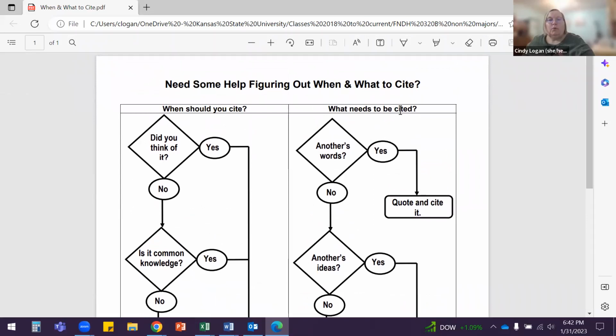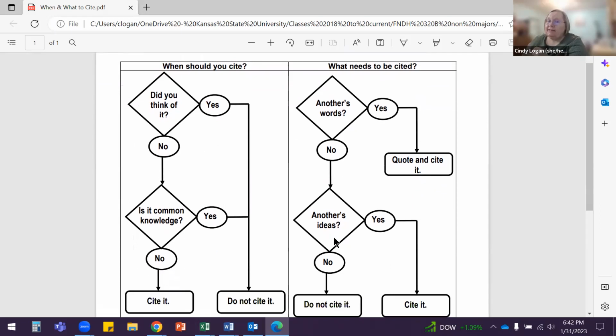Okay, so what do you need to cite? Are you using the direct words from the article? Are you using word for word? Then you need to quote and cite it. You'll need to use quotation marks and include the page number on your in-text citation. Okay, if it's not someone else's words, but is it someone else's idea? Are they proposing a treatment or something that you like, but you're going to put it in your own words?